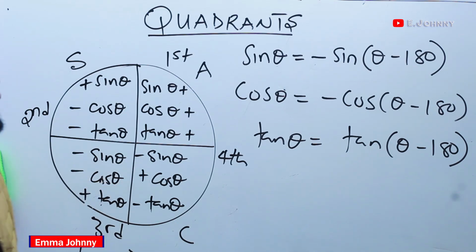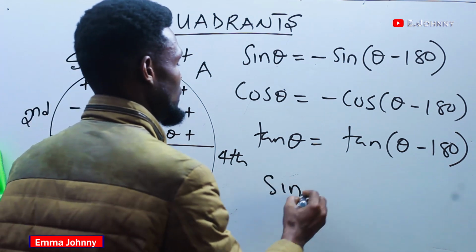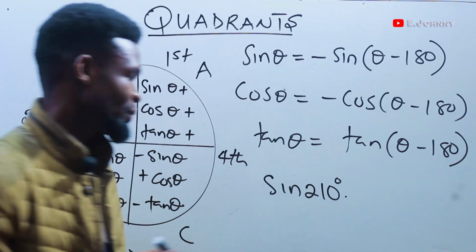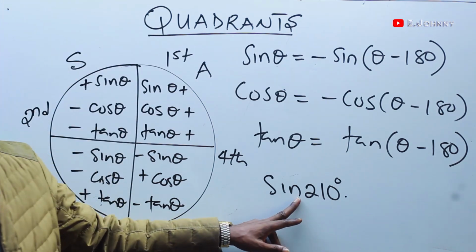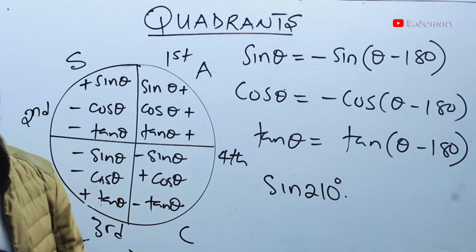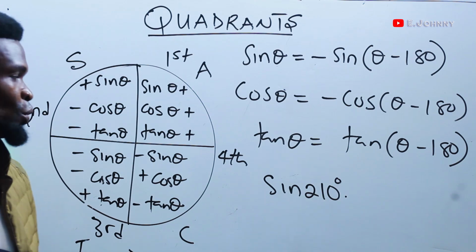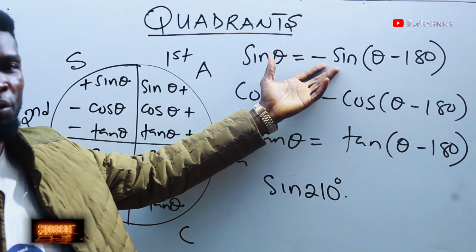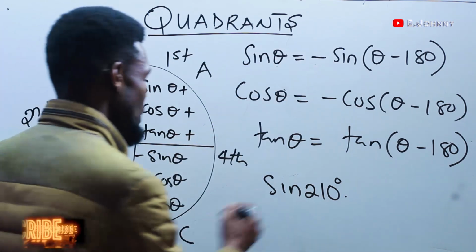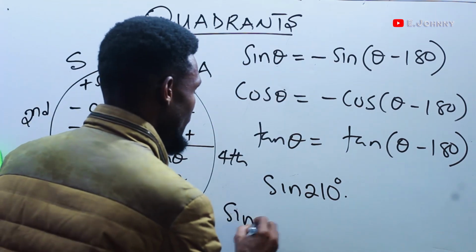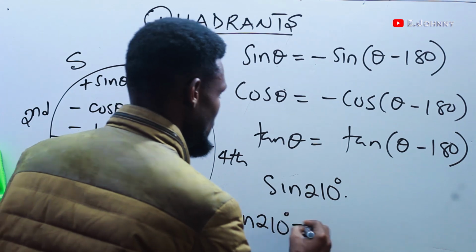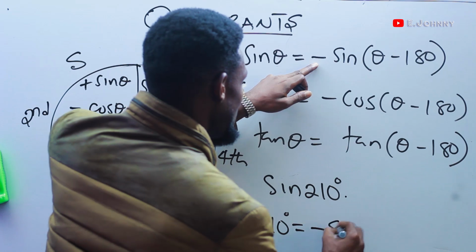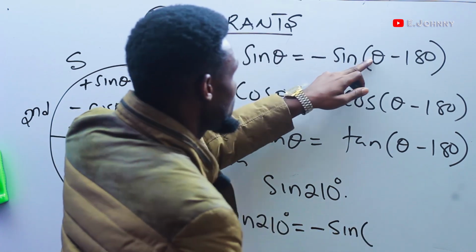So that means if I have sine 210 degrees, you know that 210 degrees is not a special angle. So you have to go to this identity and find the equivalent of it. So sine 210 degrees is equal to minus sine of, what is theta?